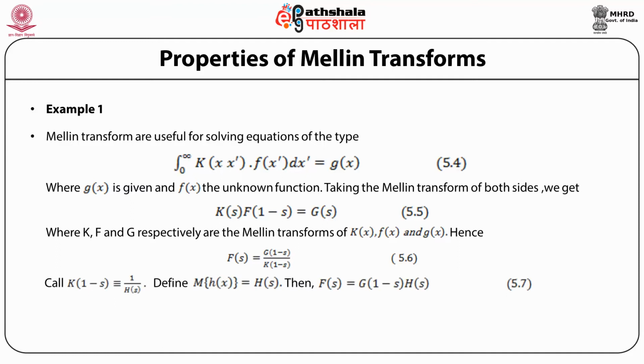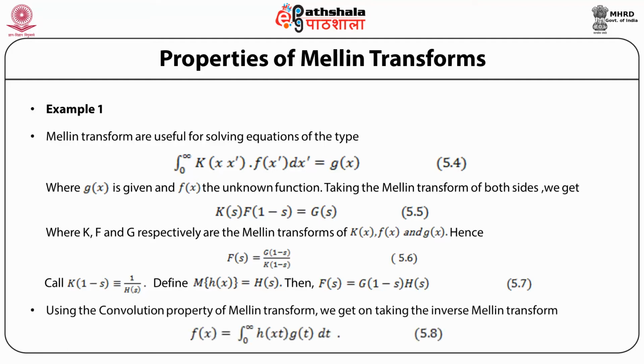Let us call 1 upon K(1 minus s) as some function H(s), and let us define the Mellin transform of a function h(x) as capital H(s). Then F(s) is G(1 minus s) into capital H(s), because capital H(s) is defined as 1 upon K(1 minus s).